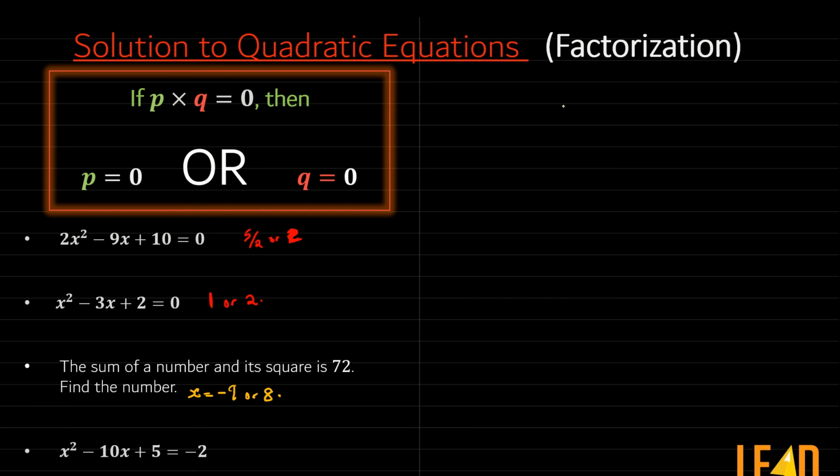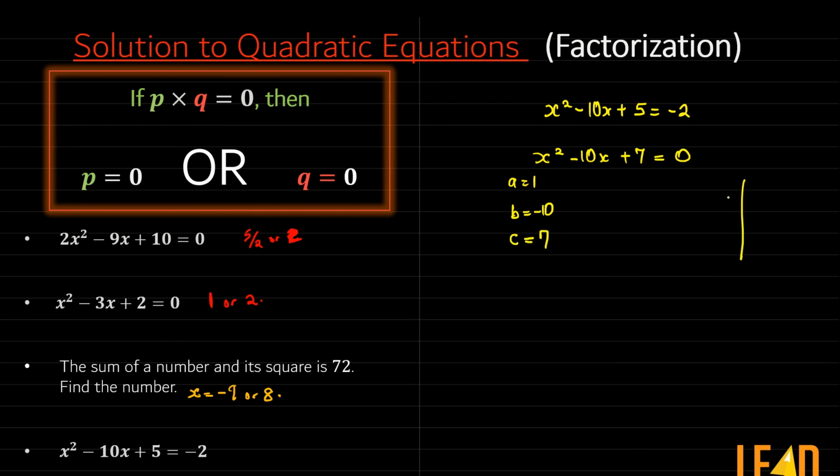All right, final question would have x squared minus 10x plus 5 is equal to minus 2. If I push the minus 2 over here, I would have x squared minus 10x plus 7 is equal to 0. Okay, so a is 1, b is negative 10, c is 7.